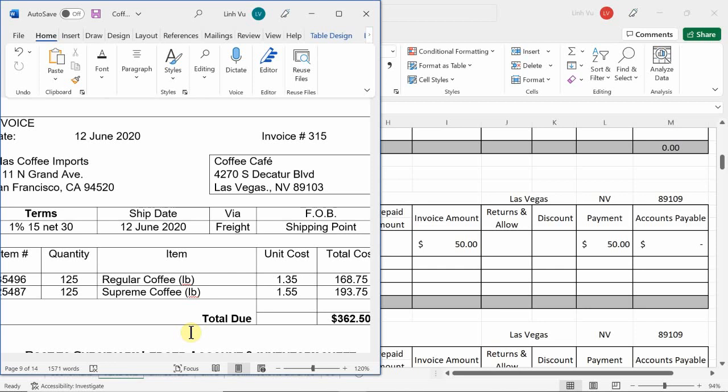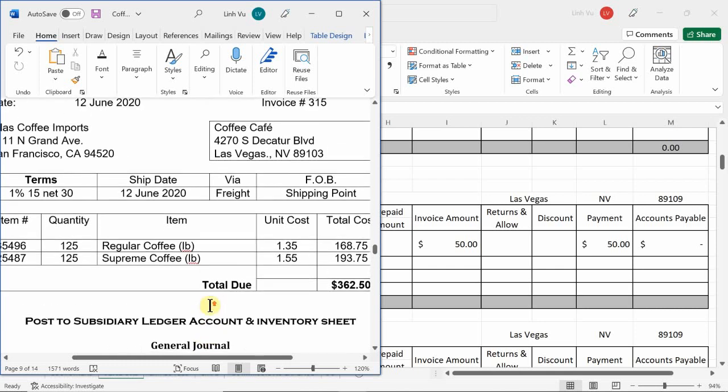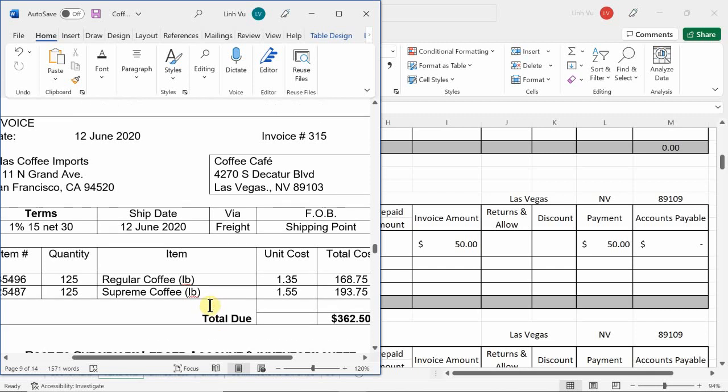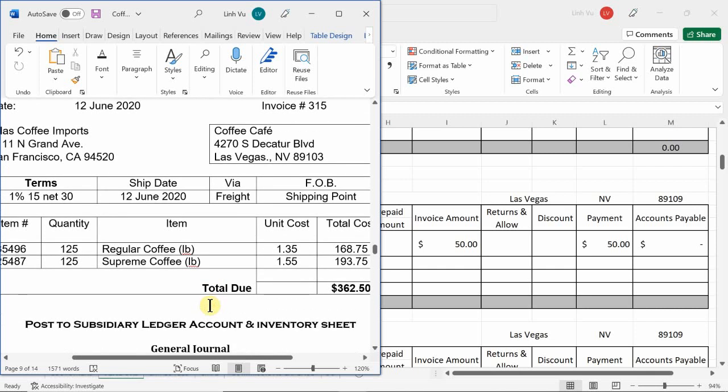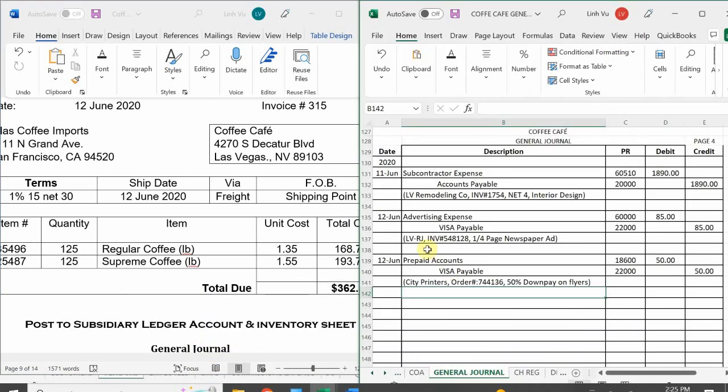One for $1.35 and the other one is $1.55, which gave us those totals right here. So in this case, the total came out to be a grand total of $332.50. Okay. So what do we do? We just received our perpetual inventory coffees.